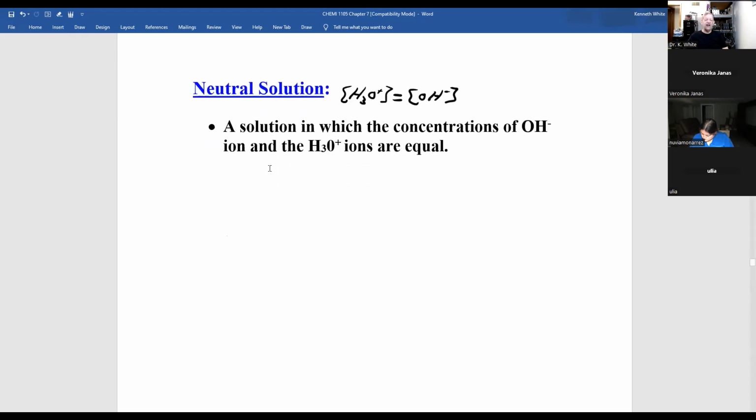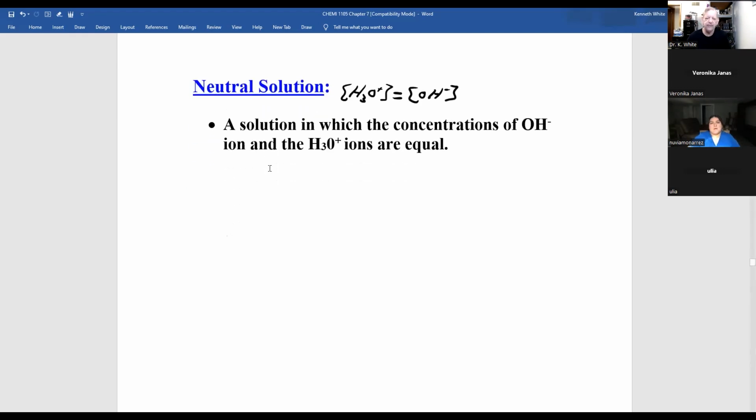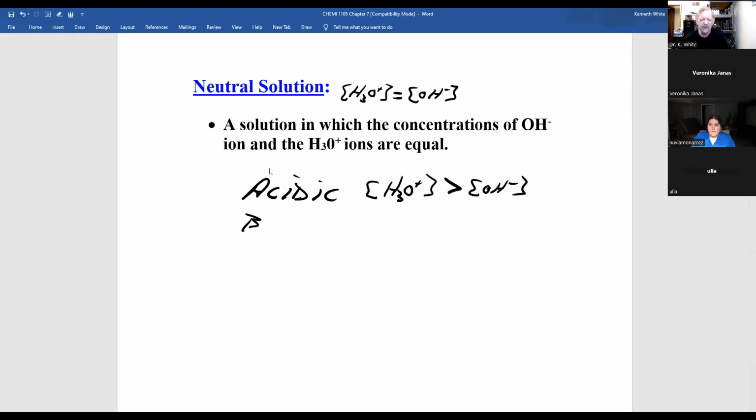So let's look at this again. Acidic solution, hydronium ion concentration greater than hydroxide concentration. Basic solution, just the opposite.